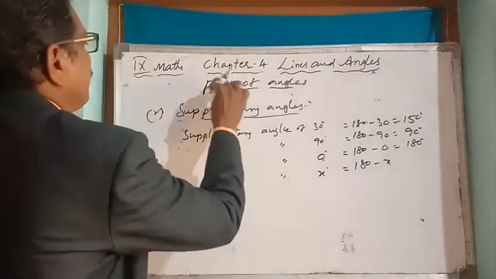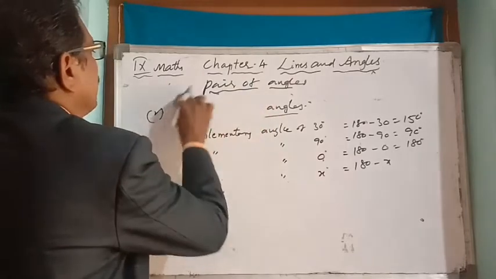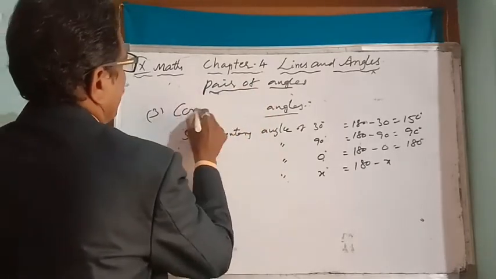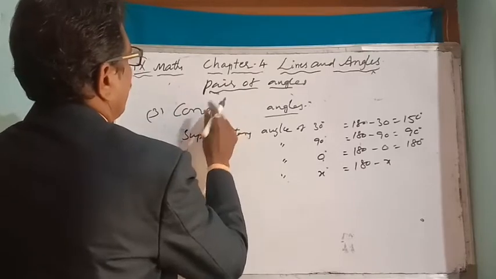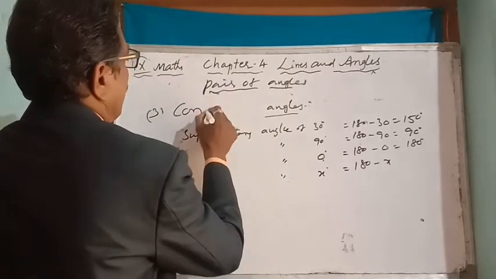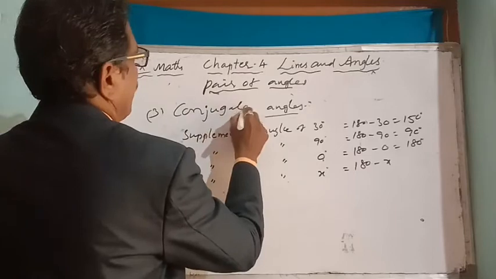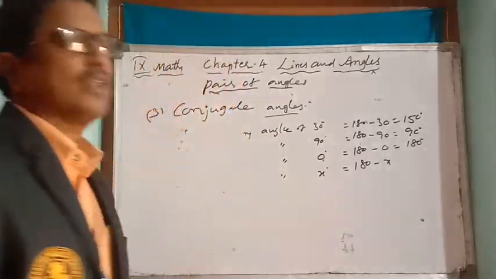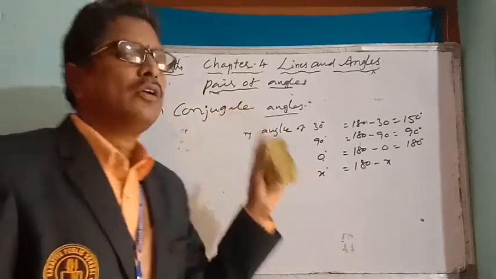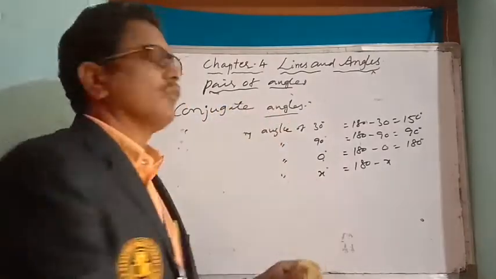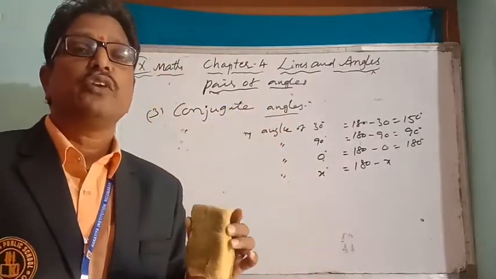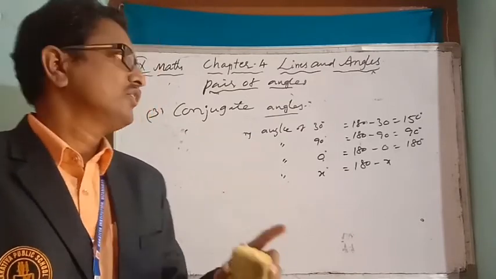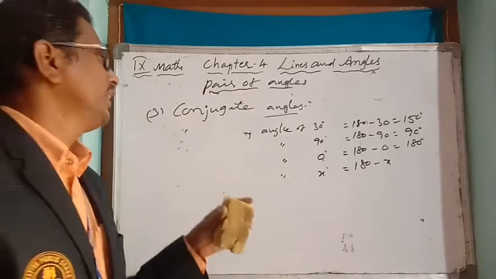Next, conjugate angles. What are conjugate angles? If the sum of two angles equals 360 degrees, those two angles are called conjugate angles.